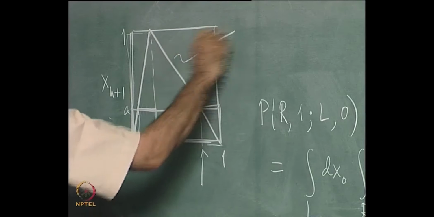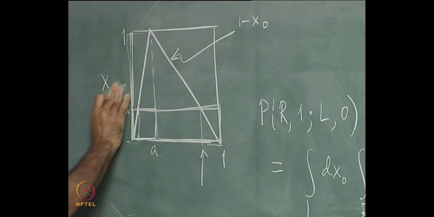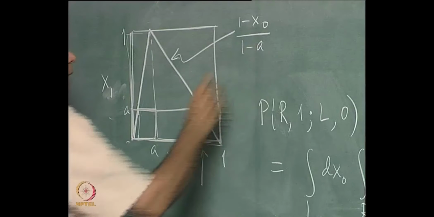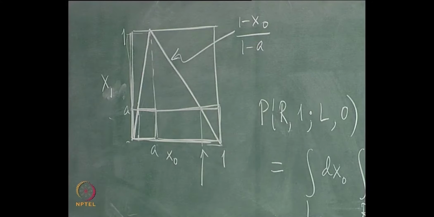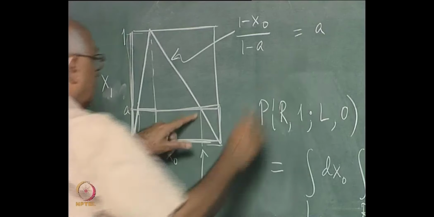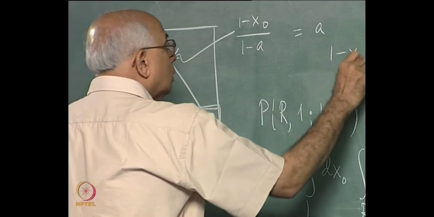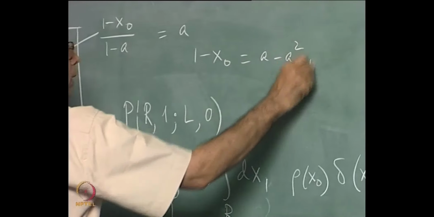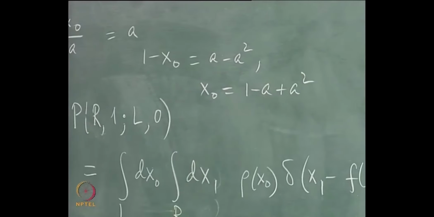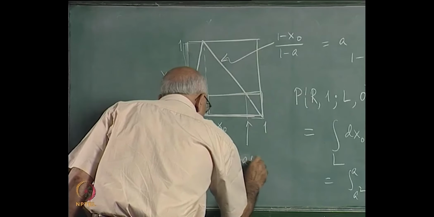Remember, this function is 1 minus x0, so this is x0 here and this is x1, it is 1 minus x0 over 1 minus a, and that is equal to a, because that is the value here. So it tells you 1 minus x0 equals a minus a squared, or x naught is equal to 1 minus a plus a squared. So this point is 1 minus a plus a squared.